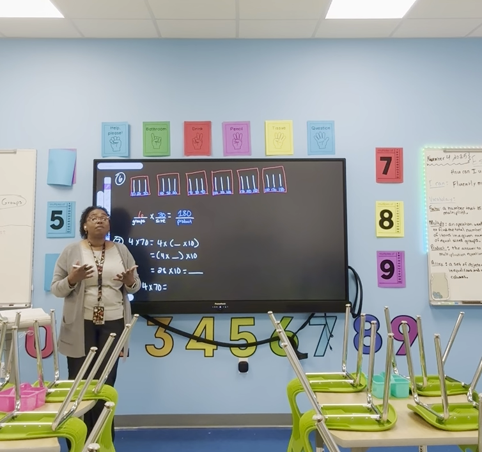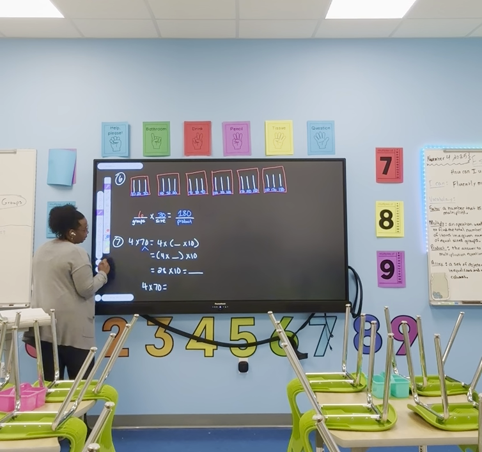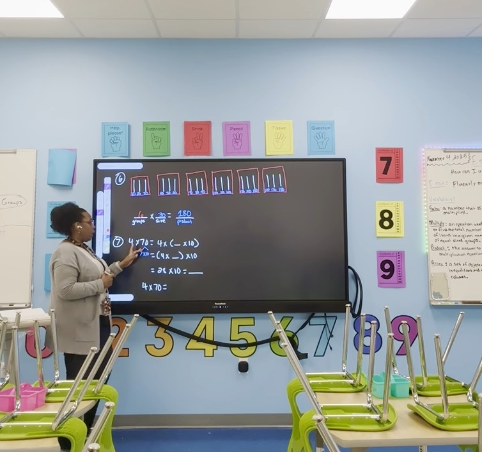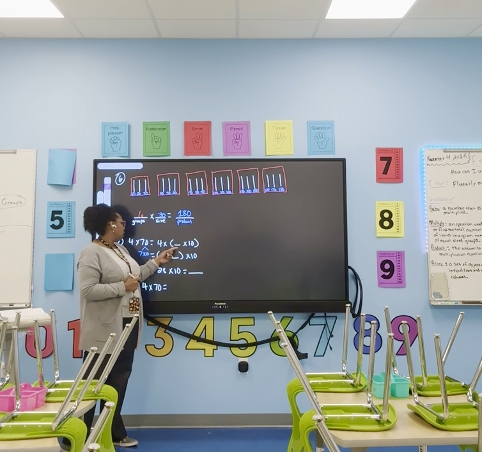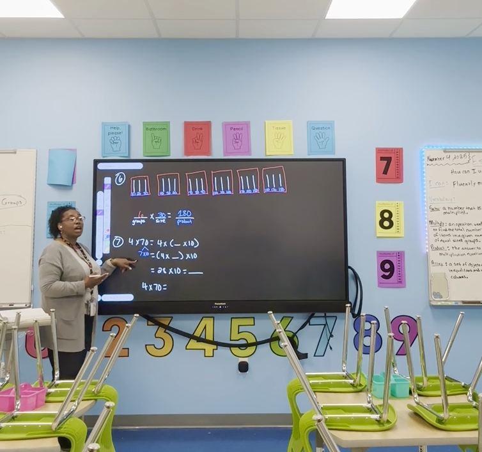Well, that would be 7. So I can break my 70 up into 7 times 10. Now, when I go to my parentheses, I have the 10 already, so the missing number I now know is going to be 7.